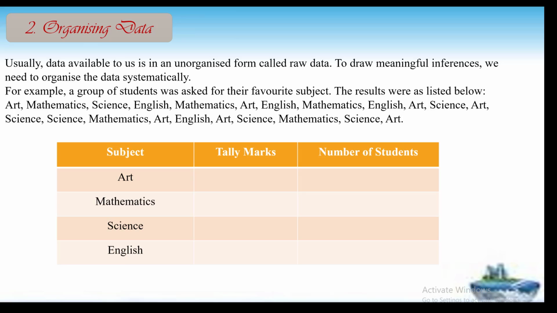The table consists of 3 columns. The first column is the name of the favorite subject. The second is tally marks, and the third is the number of students.